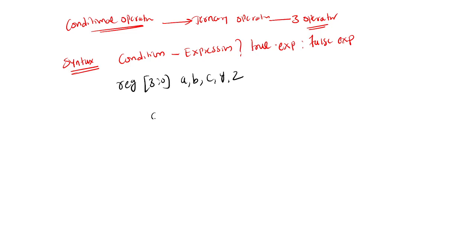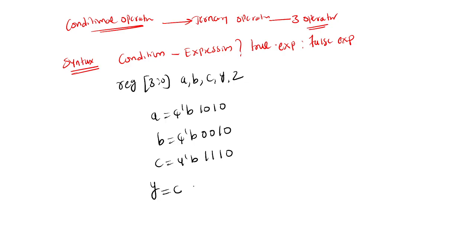A equals 4'b1010, B equals 4'b0010, and C equals 4'b1110. Y equals c ? a : b.